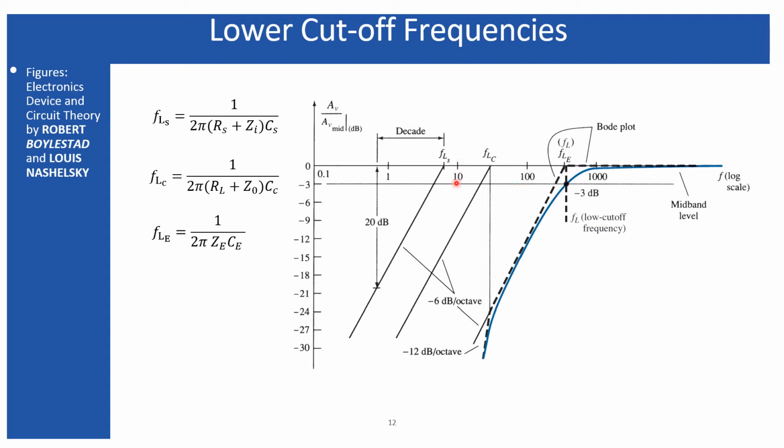If you choose any one other than the one with the highest value, then when you apply an input signal having a frequency within this range, that input signal will not be reproduced faithfully at the output, because it will be rejected due to this section. So depending upon their values, you should choose the highest of the three, and that should be your lower cutoff frequency for the circuit.